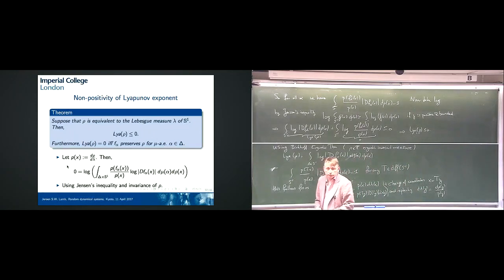So you integrate the inequality on both sides by the measure, and then you obtain the Lyapunov exponent in terms of the integral of the log of the derivative with respect to the measure.